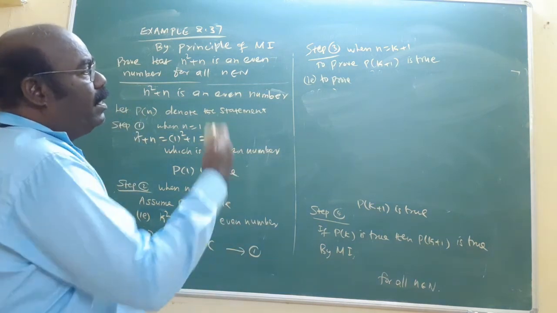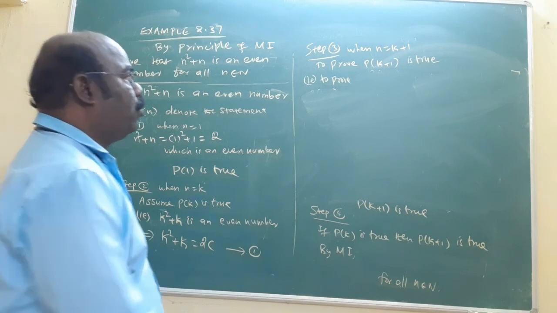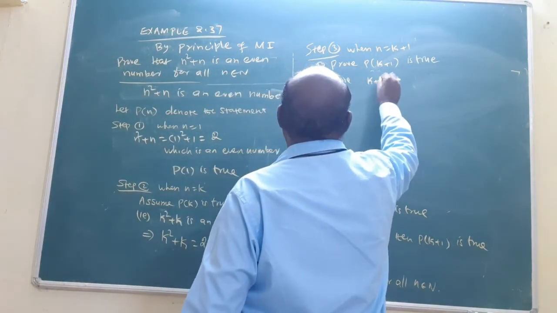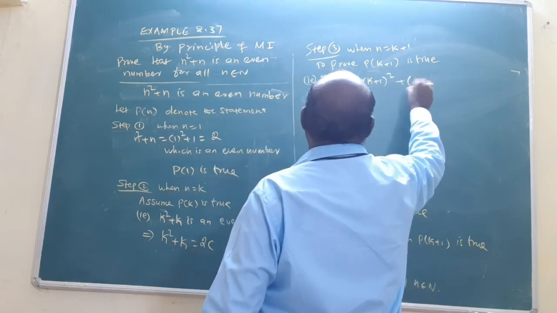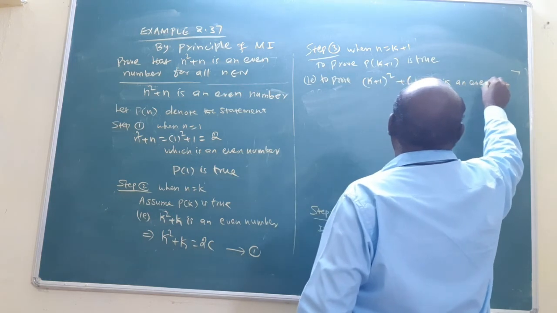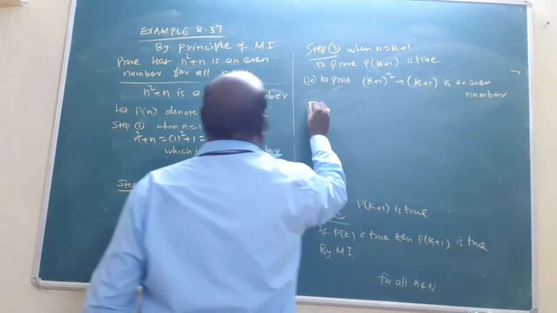Now start with step 3. n equal to k plus 1, meaning to prove P of k plus 1 is true. That is to prove that k plus 1 whole square plus k plus 1 is an even number. Now start with this one.